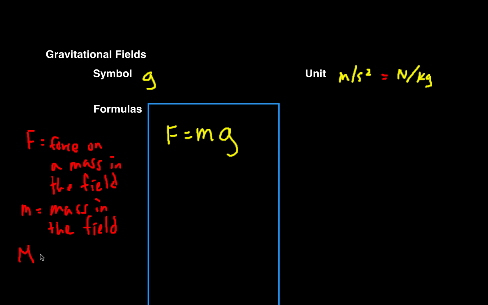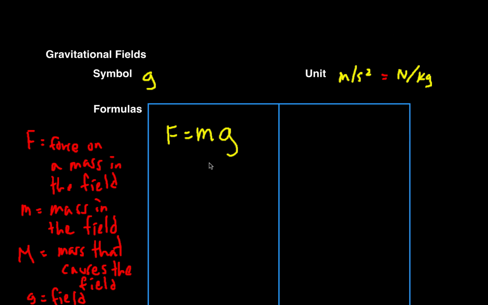This would be something like the Earth or the Sun, or whatever it is that the little m is orbiting around. And of course, little g is the gravitational field magnitude and direction itself. So we have F equals mg. The force on a mass in the field equals the mass in the field times the magnitude of the field at that point.